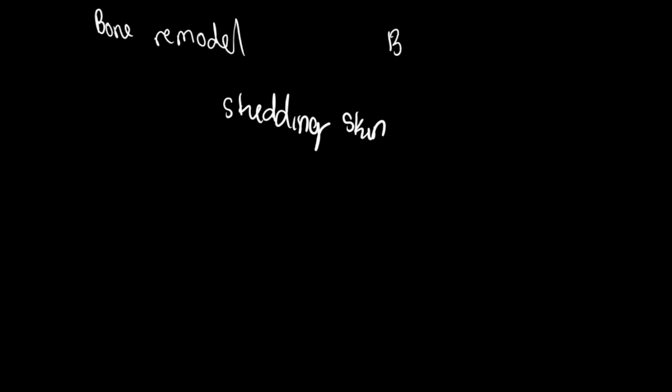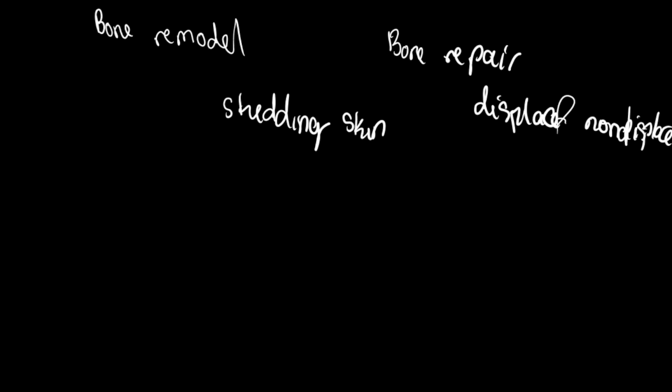However, bone repair comes into play where there is damage to the bone, and this damage is usually in the form of a fracture. For this video, we'll be taking a look at some of the ways in which fractures are classified. So a fracture could be displaced or non-displaced. When the bone breaks, if it remains in position, then it's non-displaced.